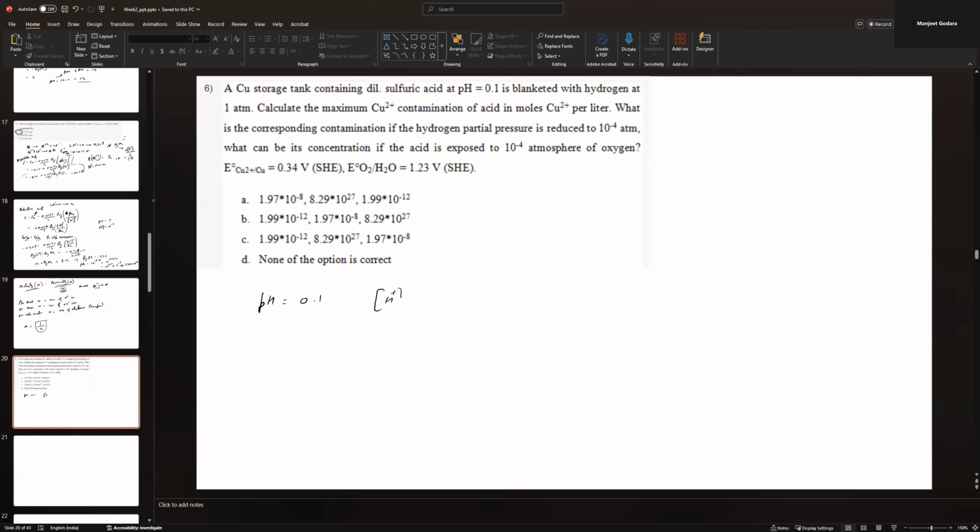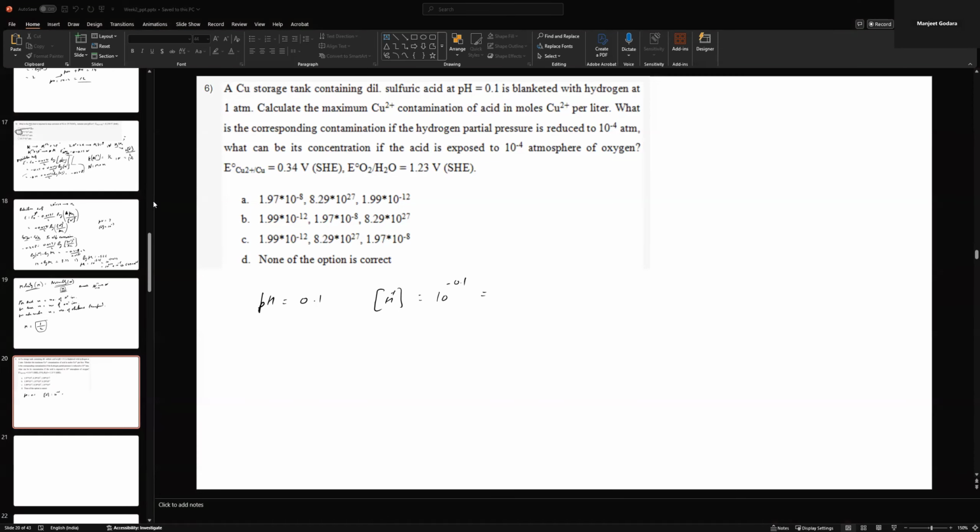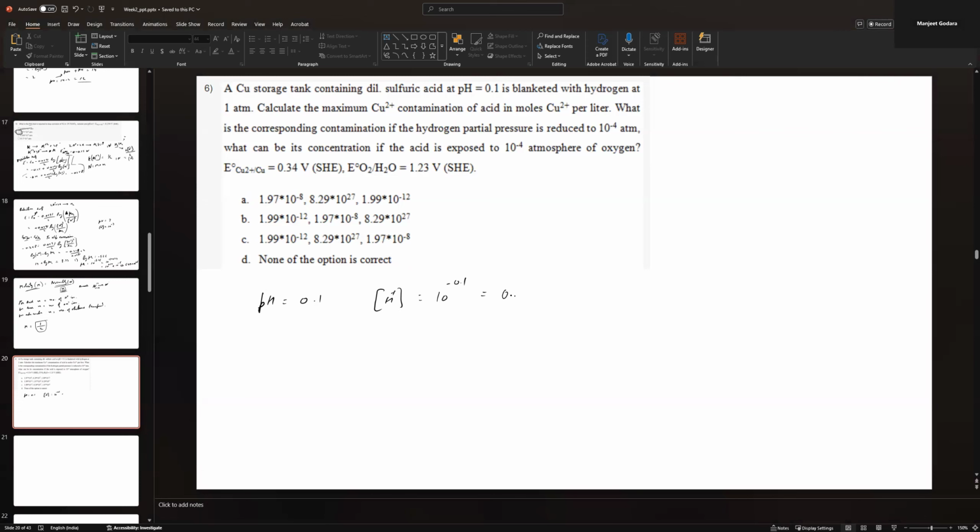H plus ion concentration equals 10 to the power minus 0.1, which is 0.794.